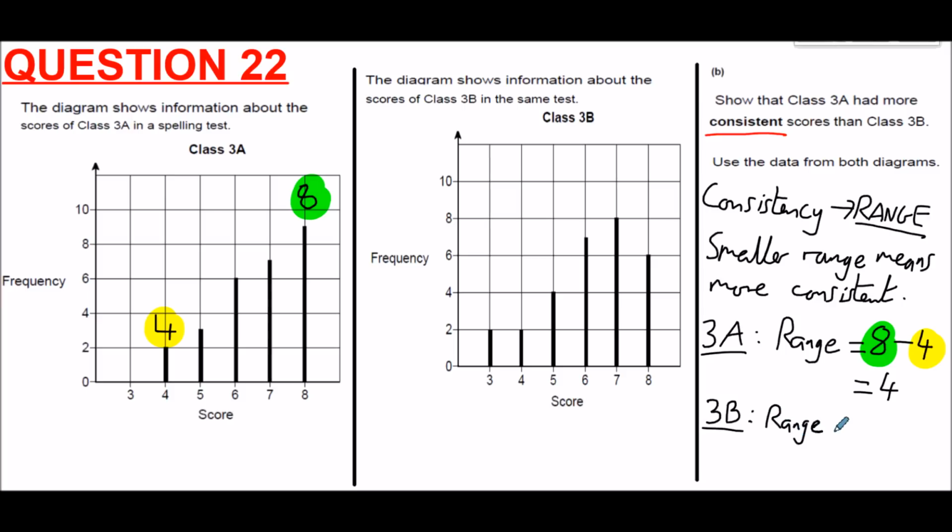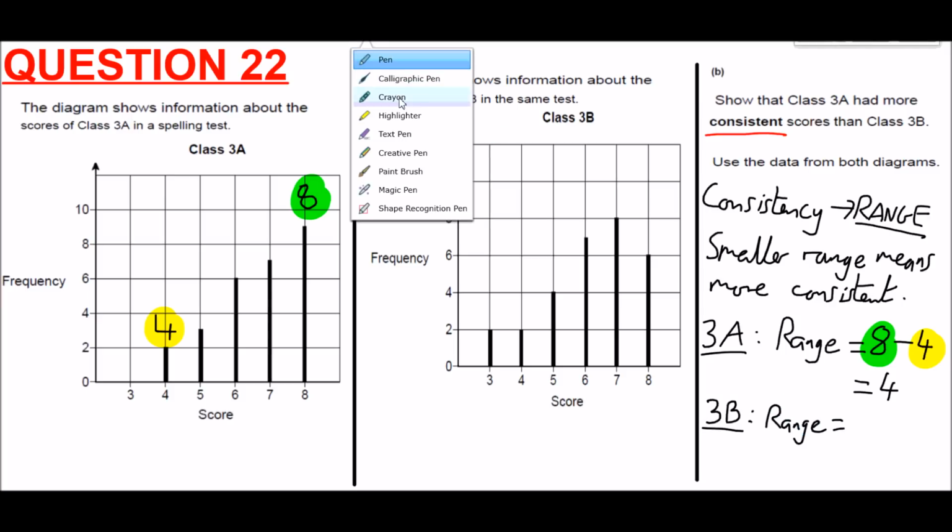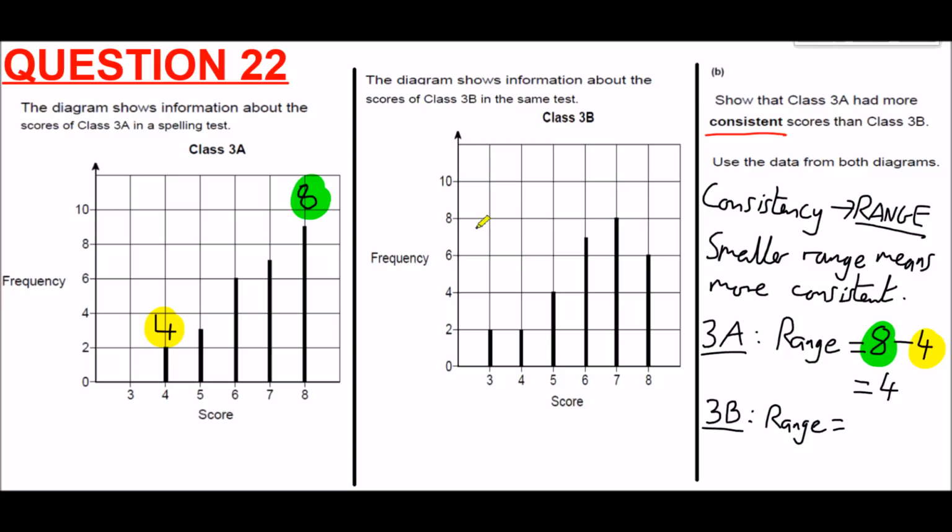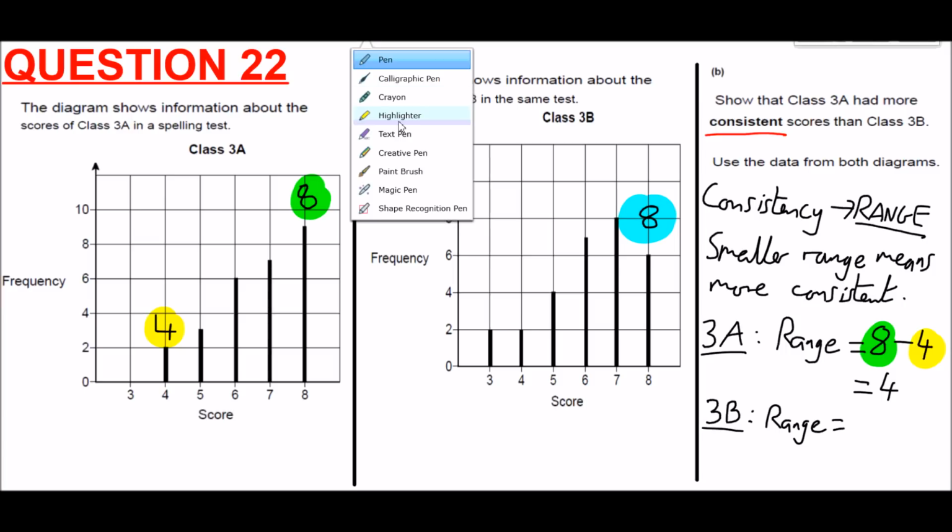So using the same idea now for class 3B, the range is going to be the highest. Now for class 3B, the highest score again was an 8, but the lowest score down here was only a 3.